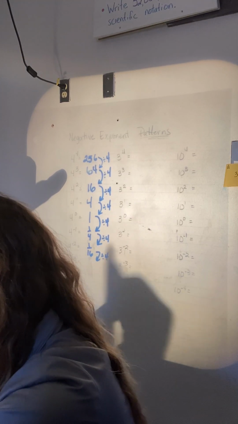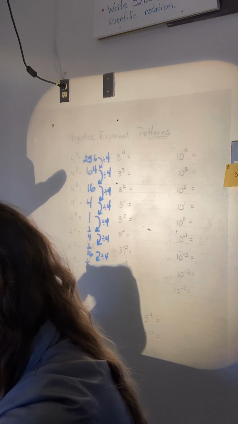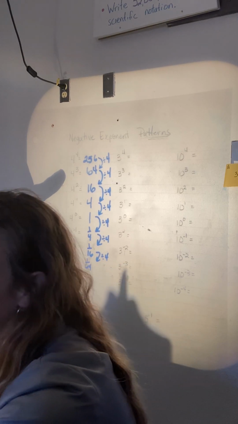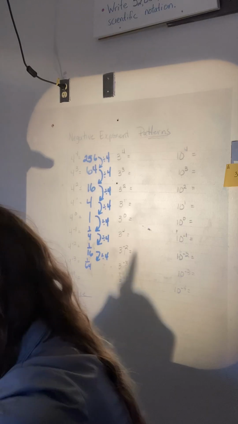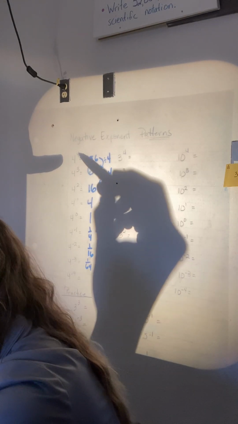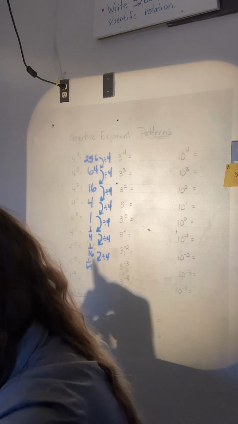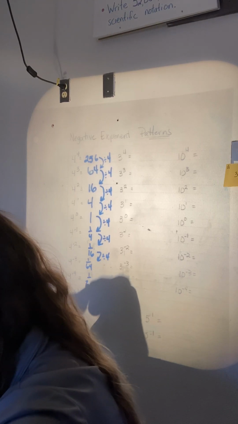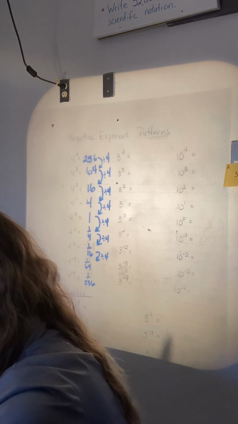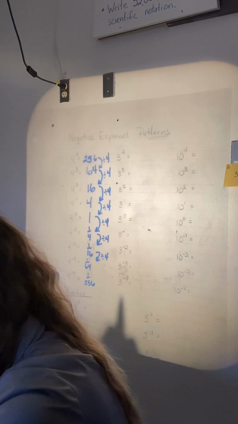So 4 to the negative 3rd power is 1/64. Don't say negative 64, okay? 4 to the 4th power was 256. So 4 to the negative fourth power is 1 over 256, right?